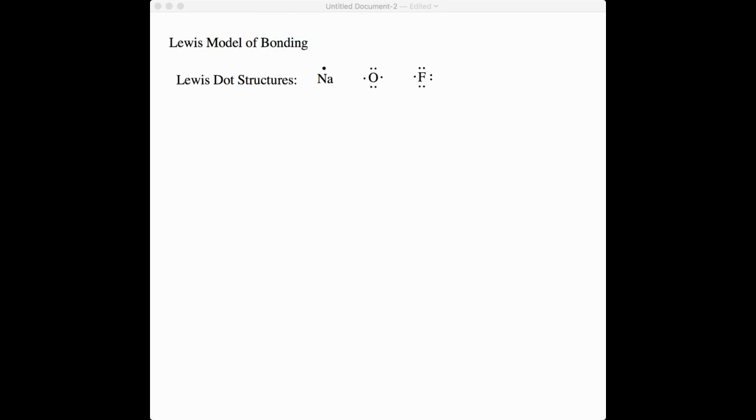So for now, according to the Lewis model of bonding, once you know the Lewis structure, then we can think about how atoms interact with one another to form a chemical bond. And according to the Lewis model, I'm going to write it over here.